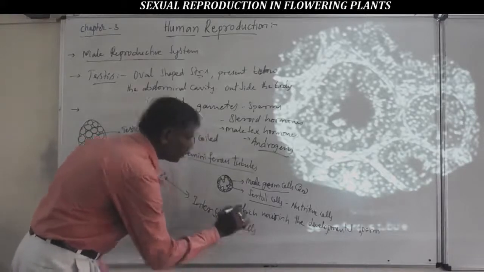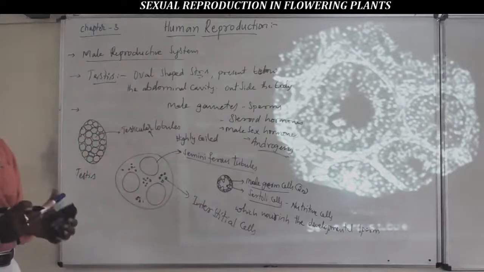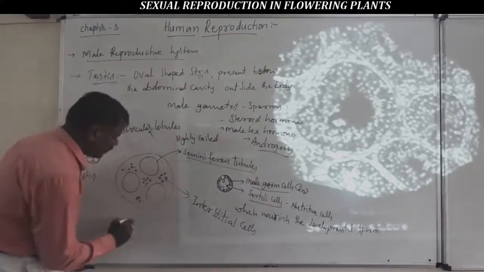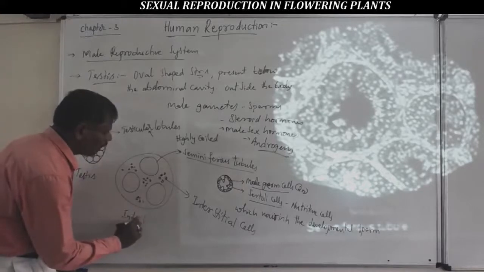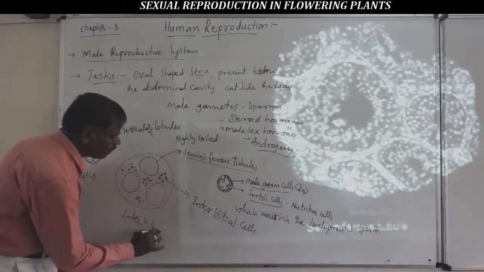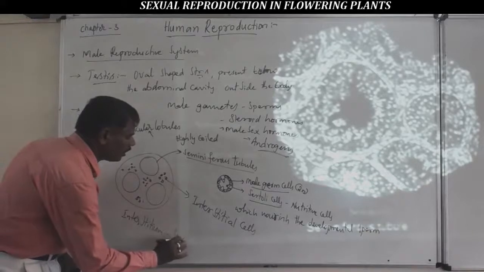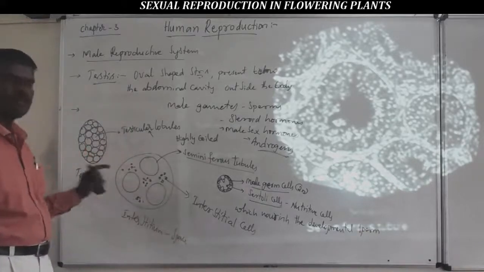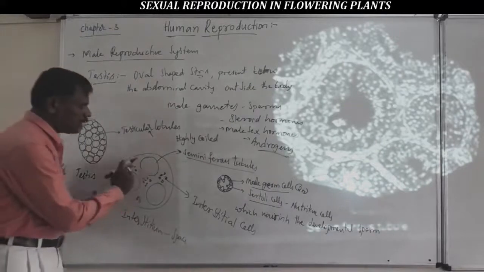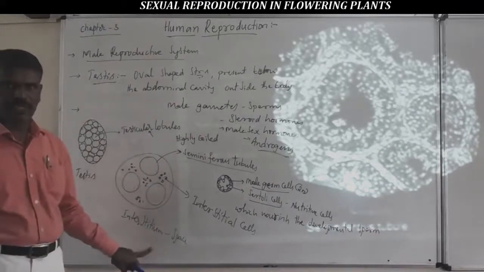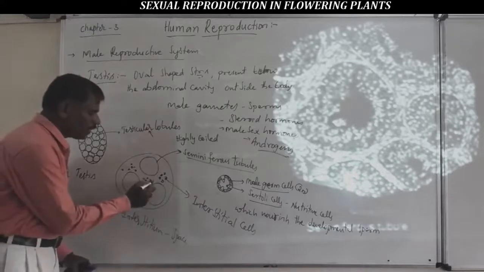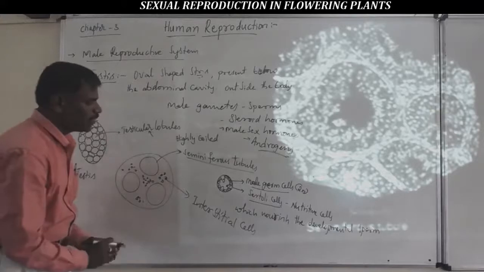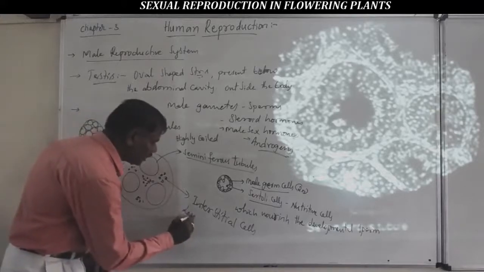They are called interstitial because the space in between is called the interstitium, the space lying between these seminiferous tubules. The cells in the interstitium are called interstitial cells. Those cells are also called Leydig cells.